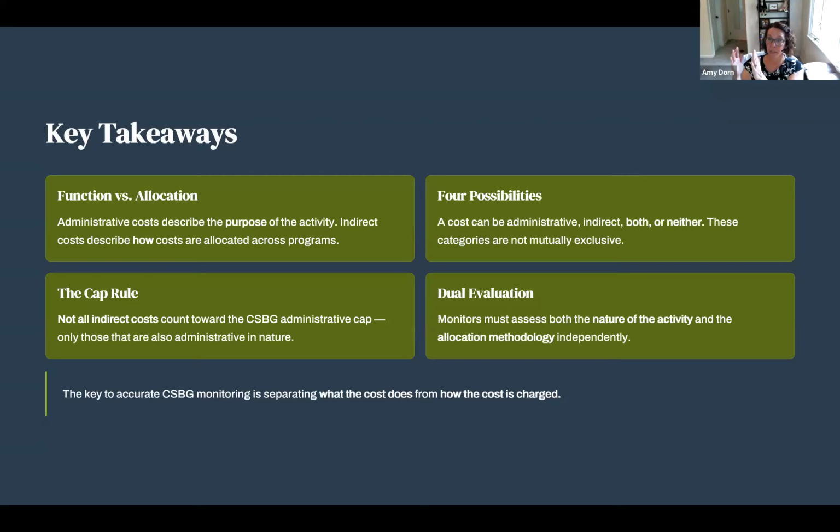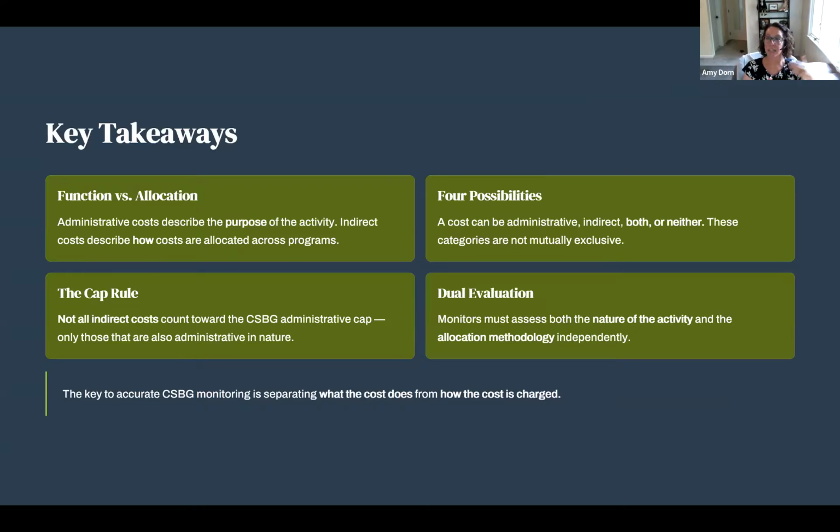And they can keep the 10%, but a maximum of 5% of the total award can be put towards administrative activities, including the monitoring. And then the states are in contracts with all of the subrecipients, and there should be an administrative cap indicated when that contract is negotiated with the community action agency. They should know what their administrative cap is.